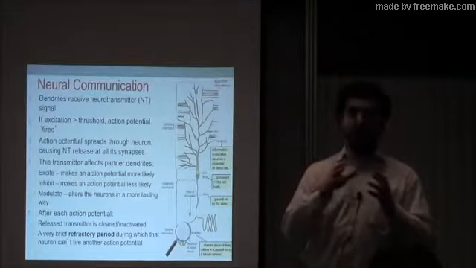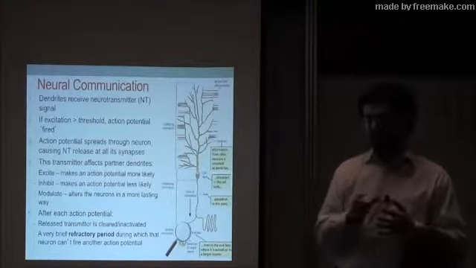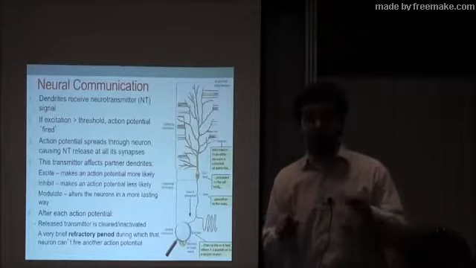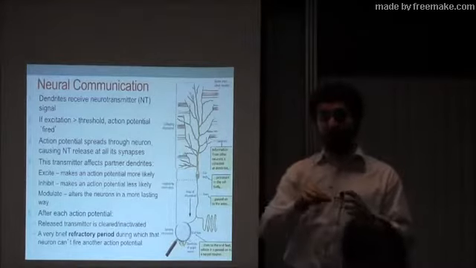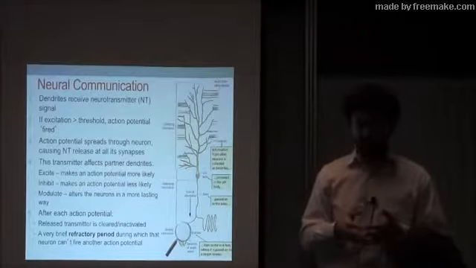What's really characteristic about this activity is that it's all or none. You don't have a half action potential. It's either a full-blown action potential or nothing. So there's what we call the all or none principle in action potential.